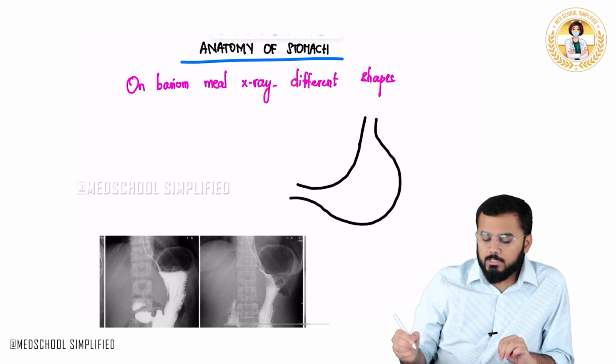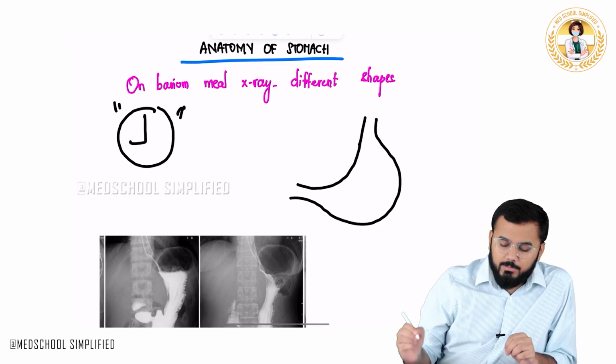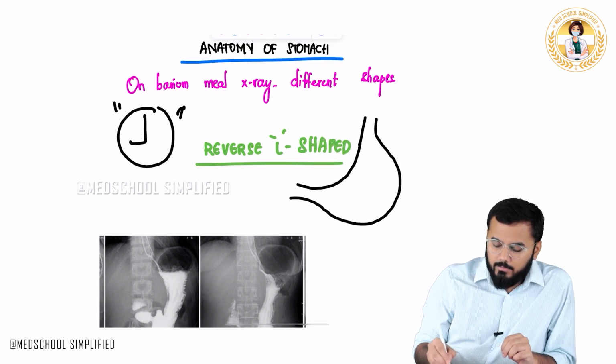Normally this looks in this way, right? So can I tell this is a reverse L shaped stomach? Yes or no? So this is called a reverse L shaped stomach.